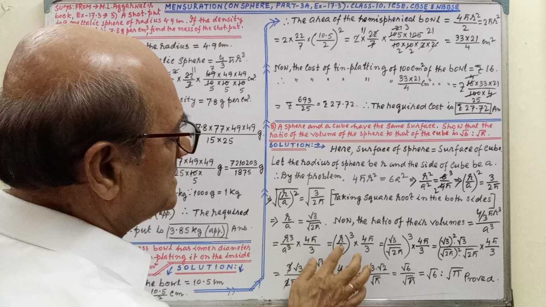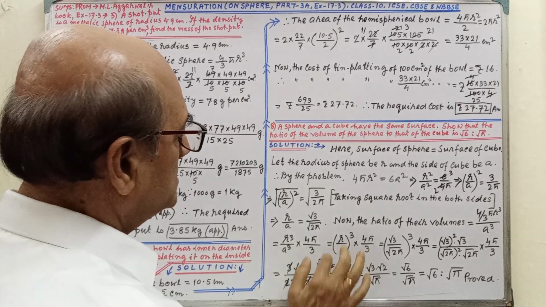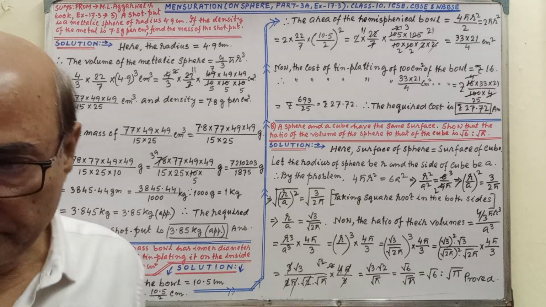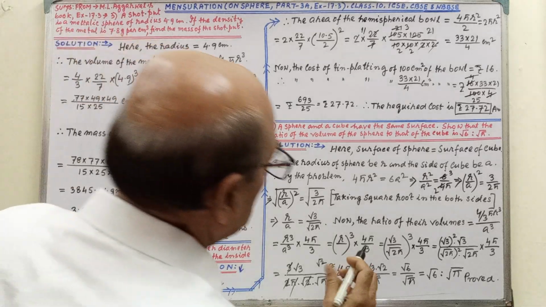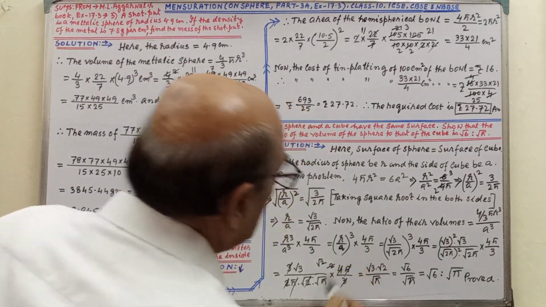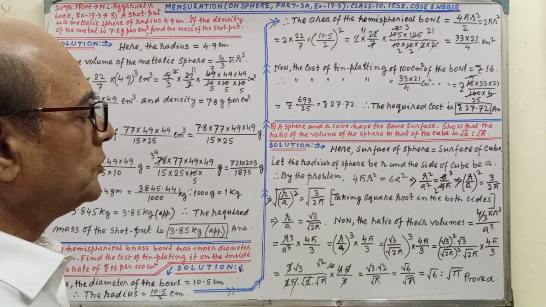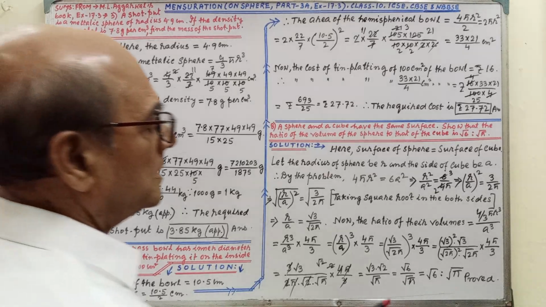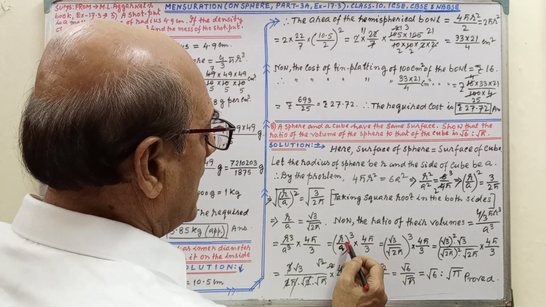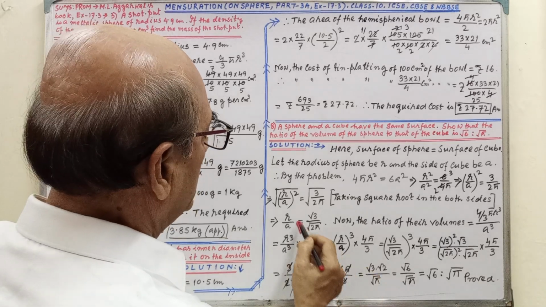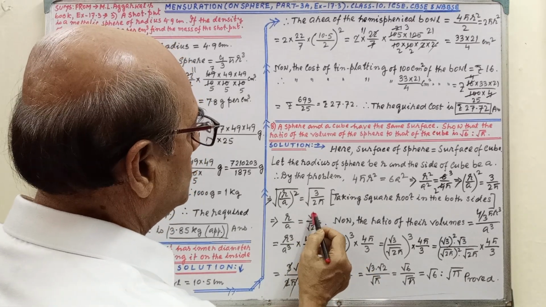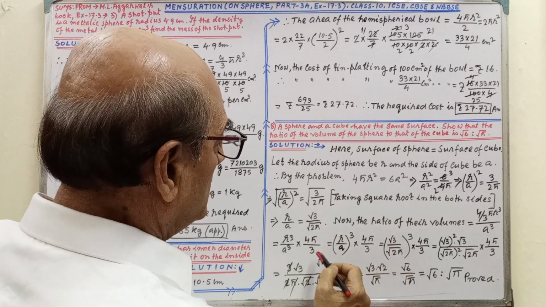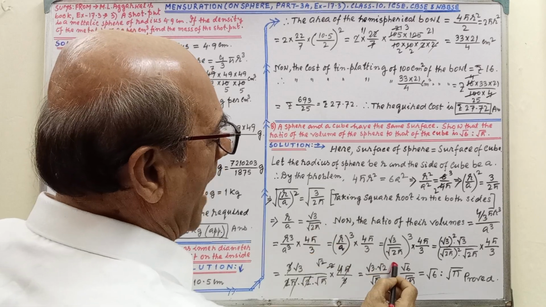This is r by a, whole cube, into 4 pi by 3. In place of r by a, we are putting this value, that is root 3 by root over 2 pi.